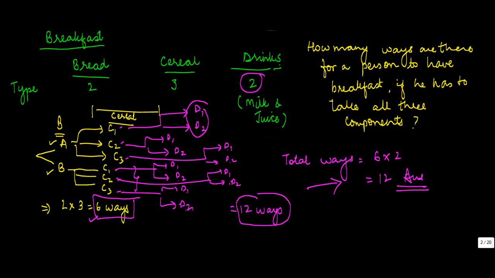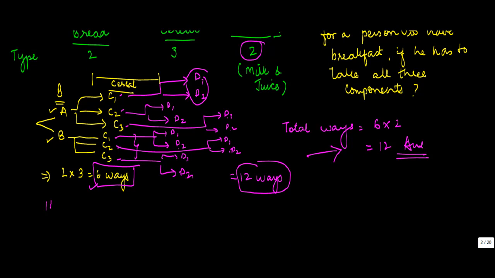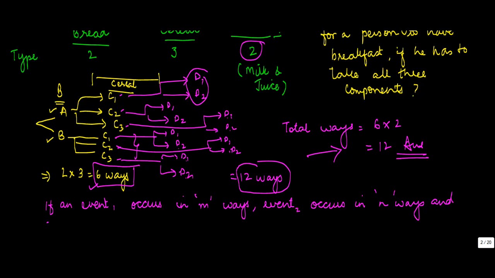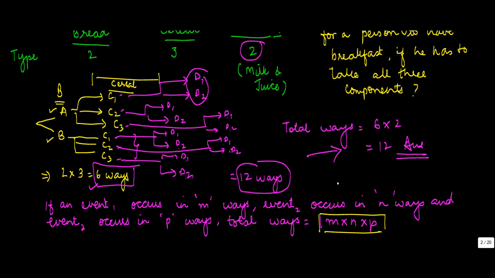Now, if you generalize this formula, which we have seen in the previous 2 videos, we say that if event 1 occurs in m ways, event 2 occurs in n ways, and event 3 occurs in P ways, total ways is equal to M into N into P. Okay, and if there are only two events, then it becomes M into N. P is not there.